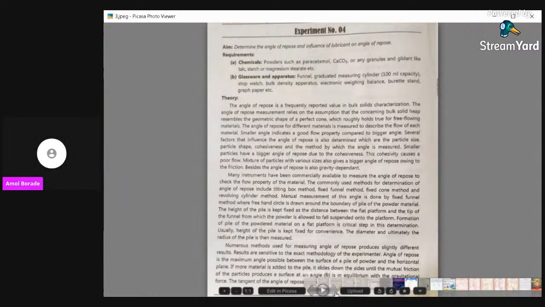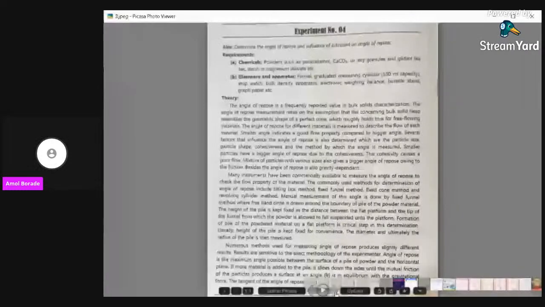As you can see, any granules you can take.